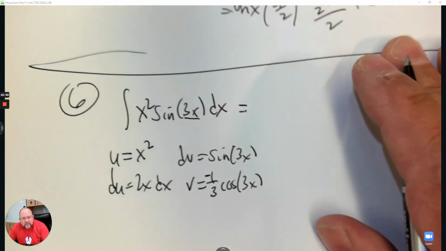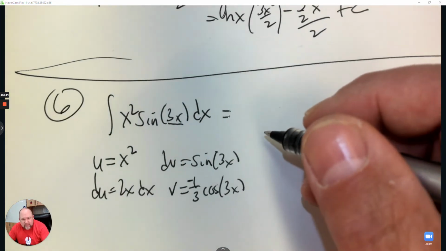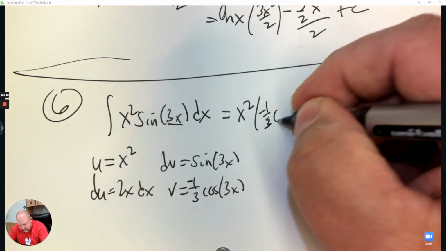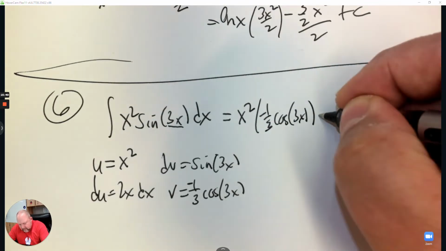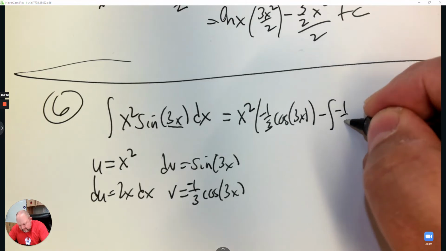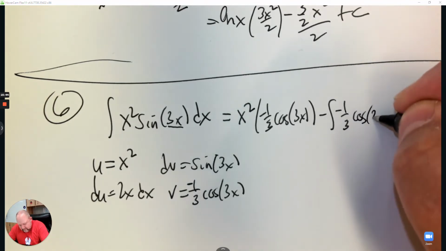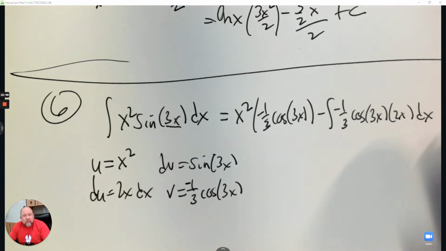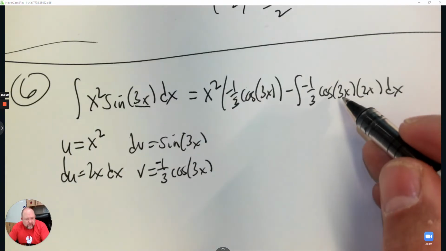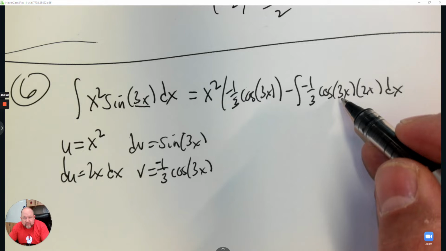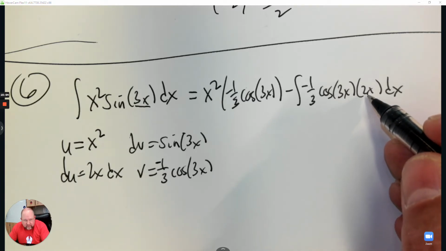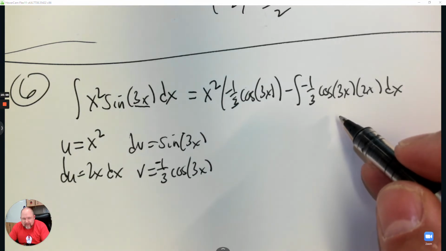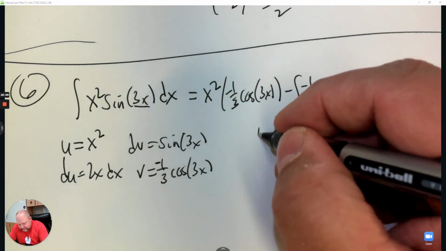And then I follow the formula, which is u times v, subtract v du. Now, we're still in a situation where the derivative of what's inside the parentheses is not like terms here. Can't be a hook. And so I need to do by parts a second time.